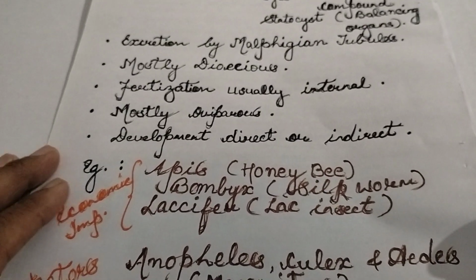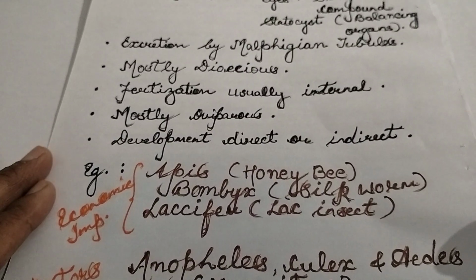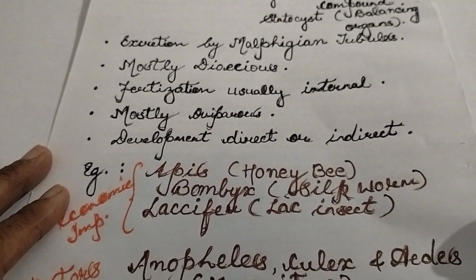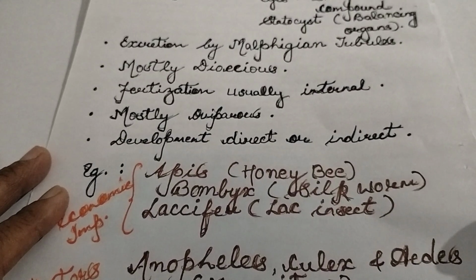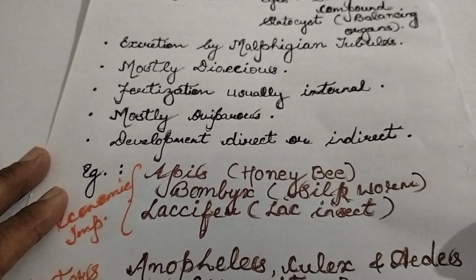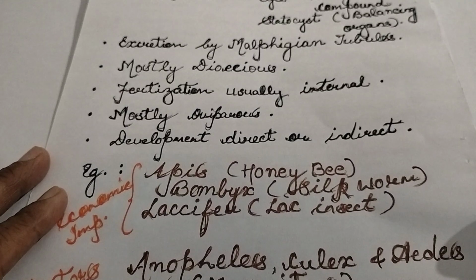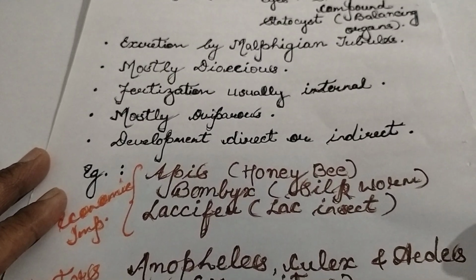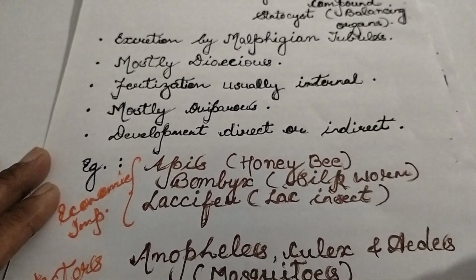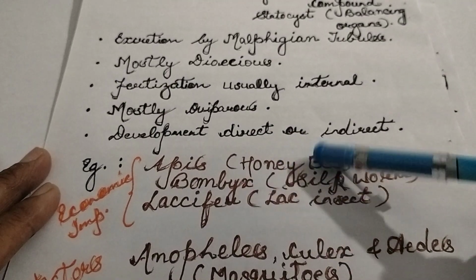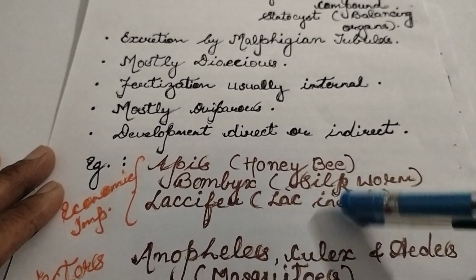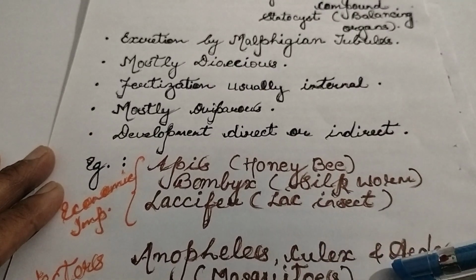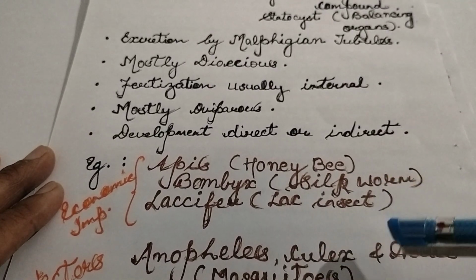Then there is Bombyx mori, known as silkworm, the worm that produces silk. And next, Lacifer, the lac insect which produces lac. So there are many insects present in Arthropoda. Some examples I am telling you here. You have to learn the names.